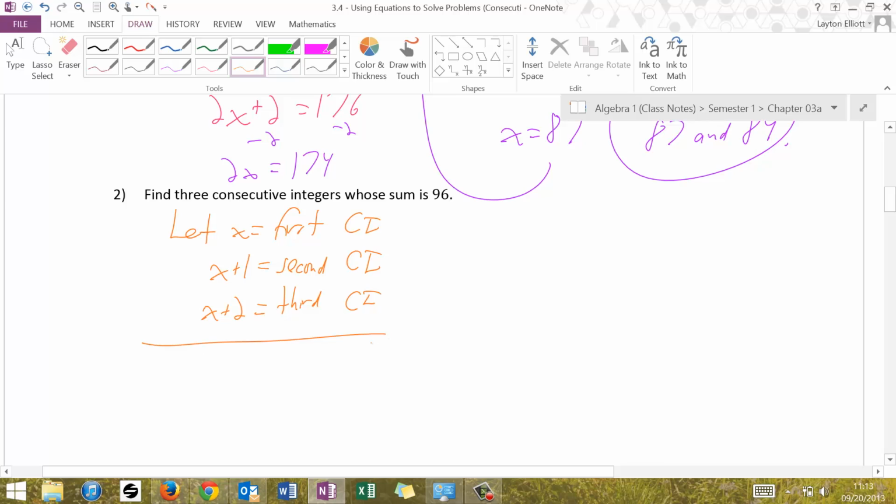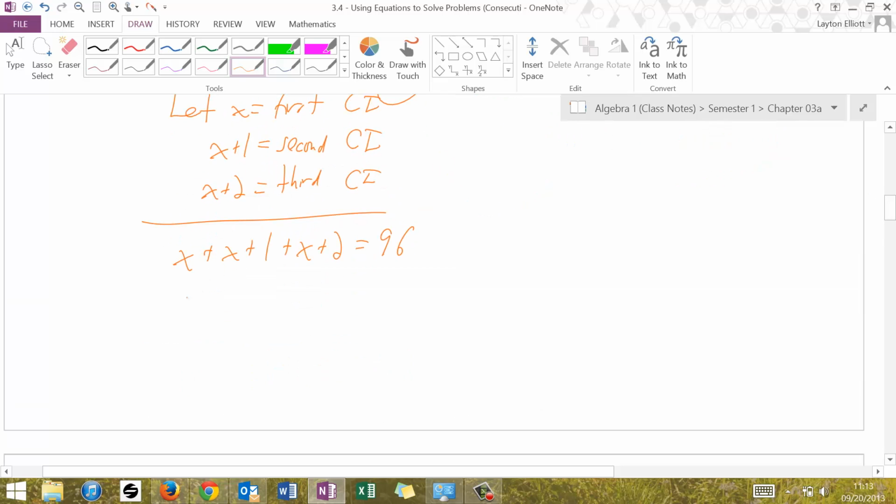When I add them, because it asks for a sum, you get x plus x plus 1 plus x plus 2 is 96, or 3x plus 3 is 96. Subtract 3 from both sides and I get 3x is equal to 93. Divide both sides by 3 and we get x is equal to 31. So in this case the numbers are 31, 32, and 33.